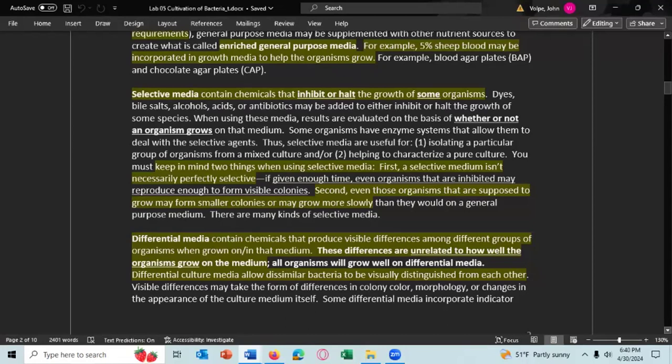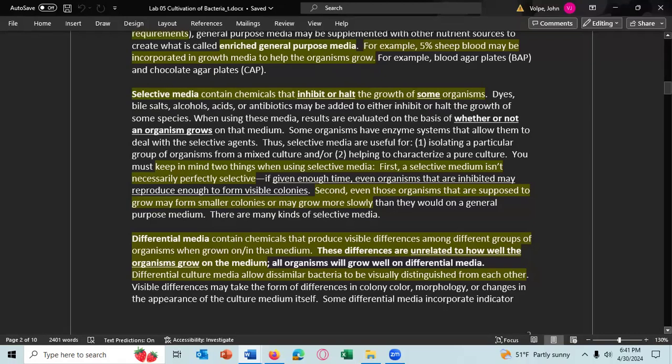There's also differential media, and this is media that contains chemicals in it that produce visible differences among different groups of organisms when they're grown in that media. For example, if you had 2 different species that differ in some characteristic, they may look different on the plate of differential media.